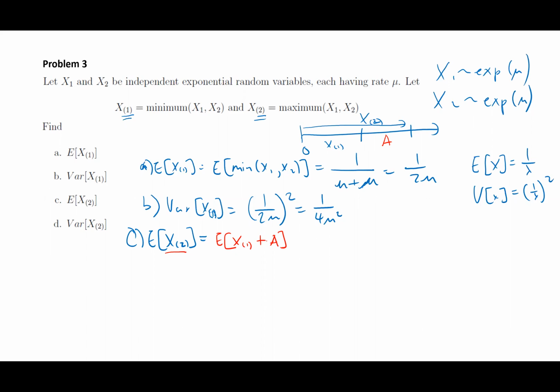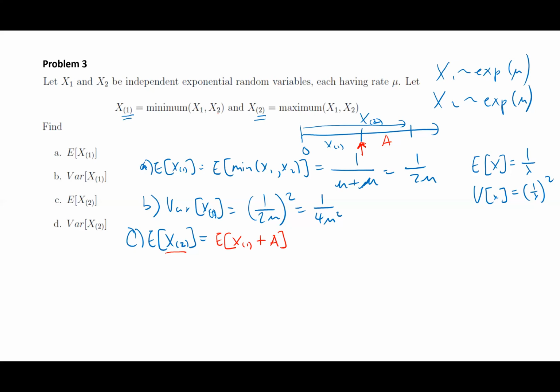As soon as the first event occurs right here, we're memoryless, so the expected time for whatever's remaining is again 1 over mu. Because both X1 and X2 have parameter mu, this problem is a lot simpler. Whichever happens first, at that moment the expected time for whatever's remaining is again 1 over mu.